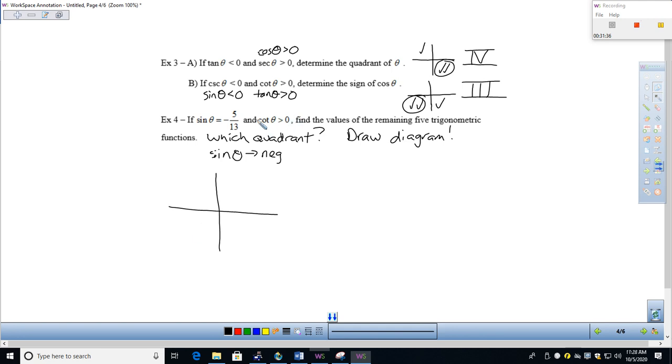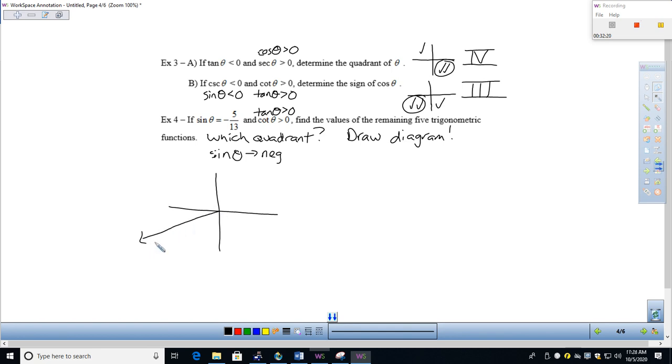So then I go to this, and I say, oh, cotangent of theta is positive, which, just like we saw in the last one, means tangent is positive. And out of 3 and 4, which is tangent positive and cotangent positive, it looks like we're in quadrant 3. So based on this information, a negative sine ratio and a positive cotangent ratio, I'm going to be in quadrant 3.